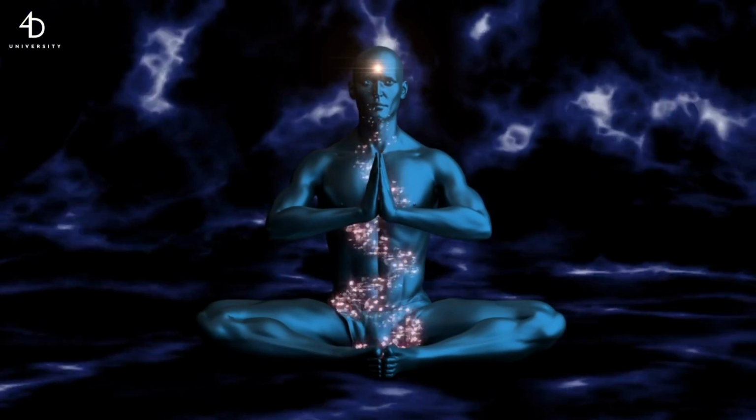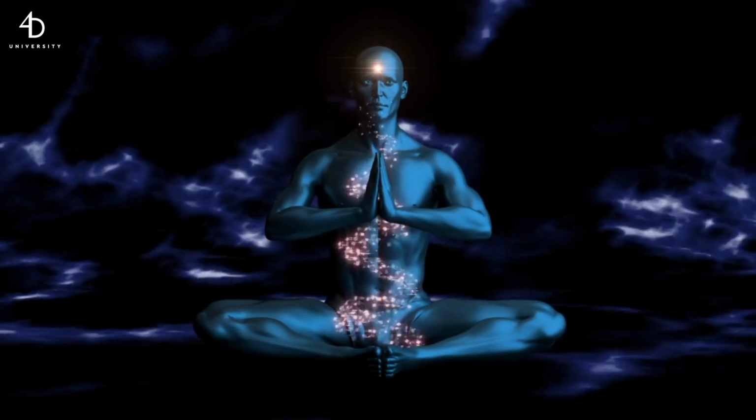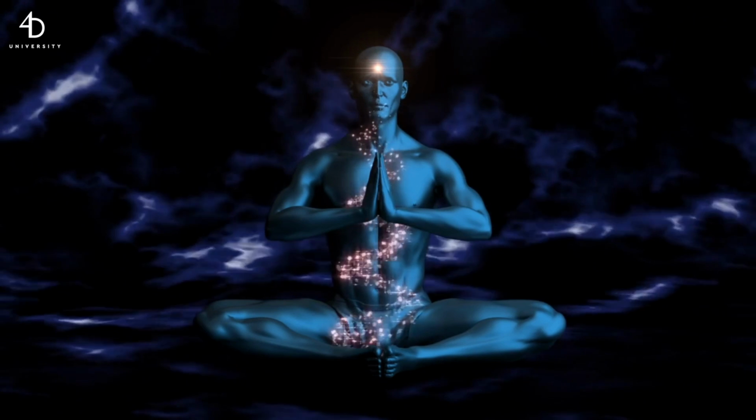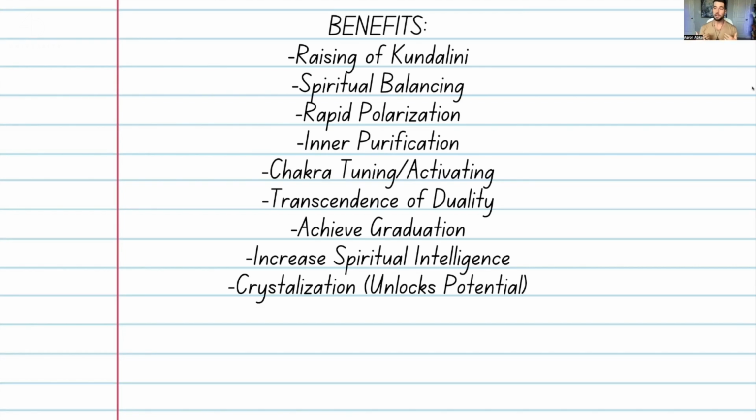There's no more lessons third density can teach you that you haven't already passed. That's a crystallized being in Ra's language. So we become like living crystals as we purify and tune the chakras on this ascension journey. And that's the only real way to realize all of the potential your soul is carrying.